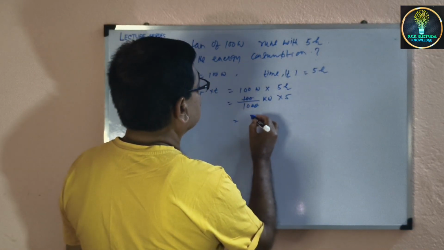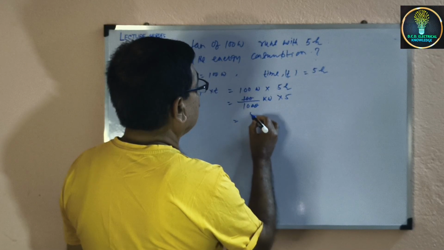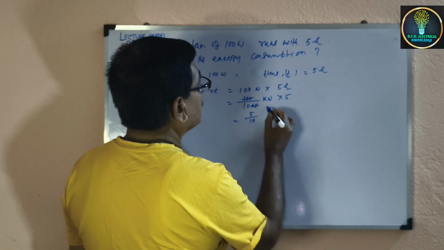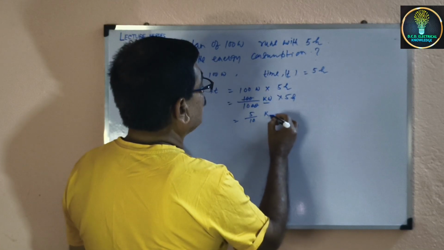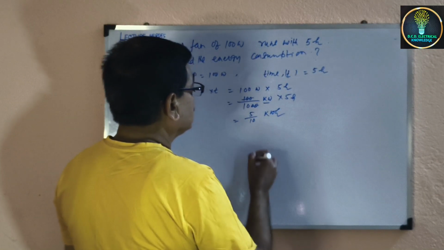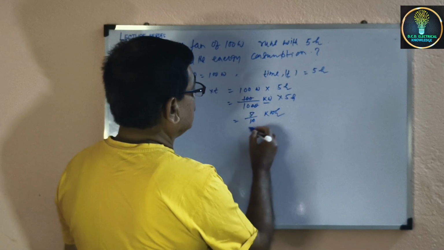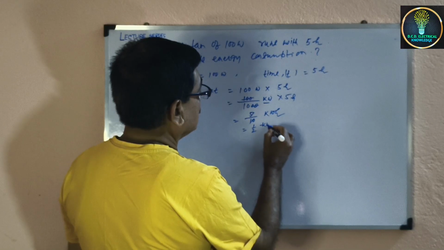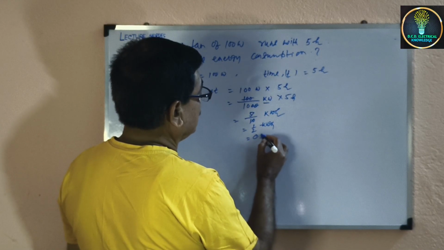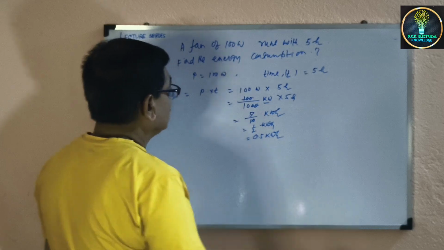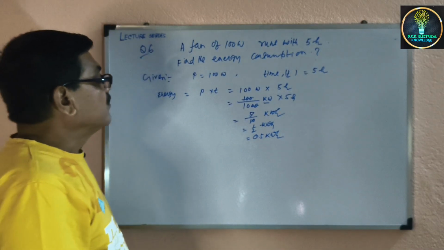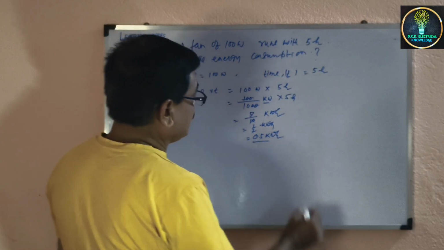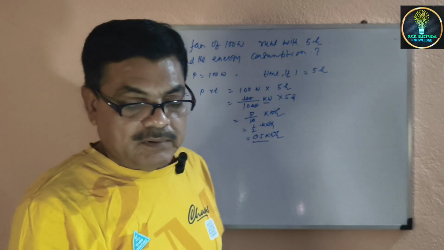So we can write 5 by 10 kilowatt hour, that is 0.5 kilowatt hour. So energy consumption is 0.5 kilowatt hour.